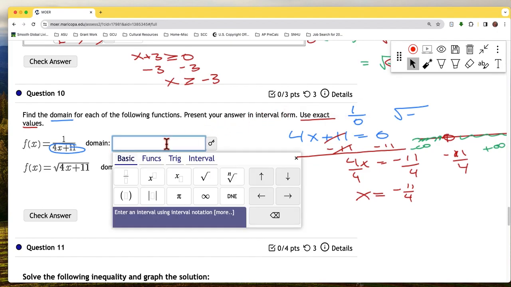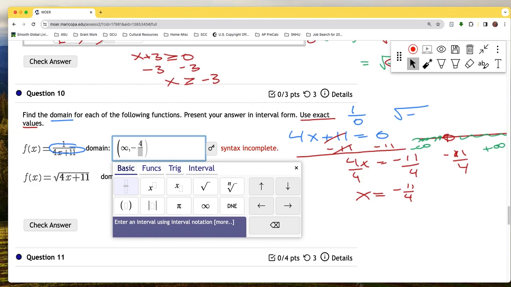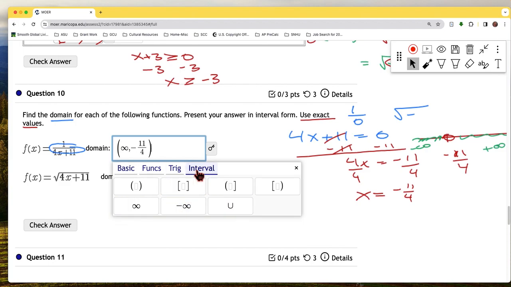as, let's see, parentheses, where there's our negative infinity to negative 11 fourths. So see how I did that? Union, let's see, do we have the union key? We don't here. How about for intervals? This is even better. It's got all our stuff here.